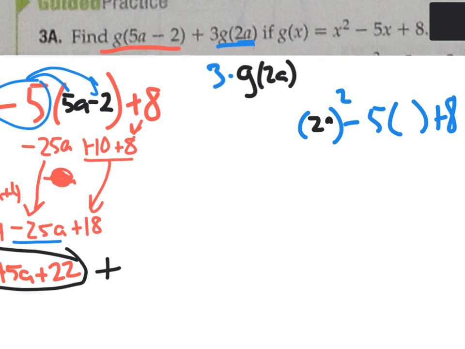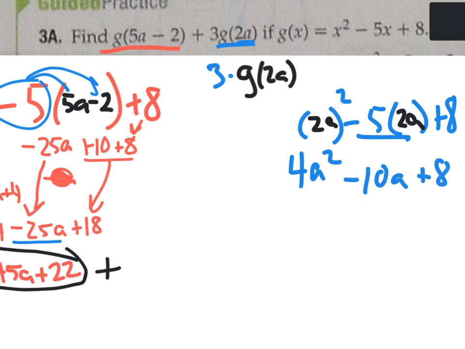So I put a 2a right here and a 2a over here. Okay, so working this out, I'm going to have a 2a times 2a. That becomes 4a squared. And then negative 5 times 2a is negative 10a. And then plus 8 comes down.